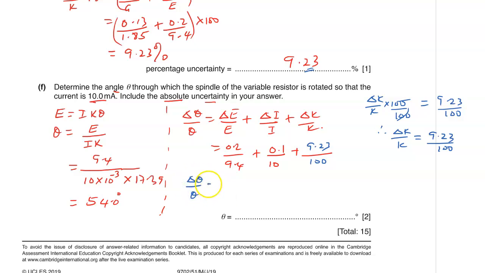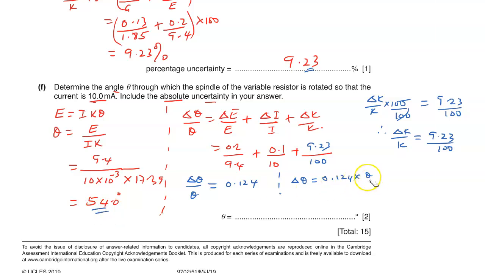Of course, when you work it out, you find that delta theta over theta, the absolute uncertainty, is 0.124, right? And therefore, we want the absolute uncertainty. Therefore, delta theta is equal to 0.124 times theta, and theta here is 54.